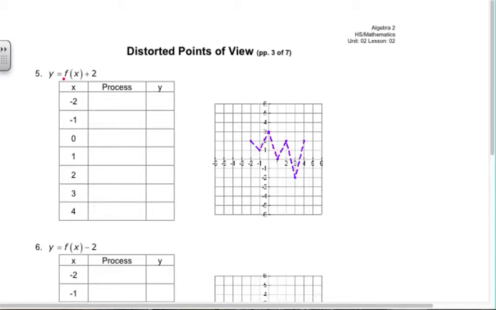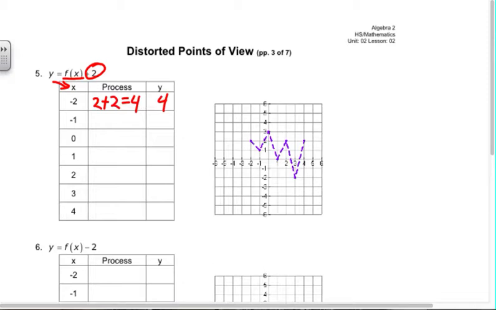Instead of adding to x, what I'm going to do is I'm adding 2 to my original x value. So I come back in and I look at what f of x was at -2, and f of x at -2 was 2. And then I'm going to add 2 to it, which gives me 4. So my new y value now is 4.